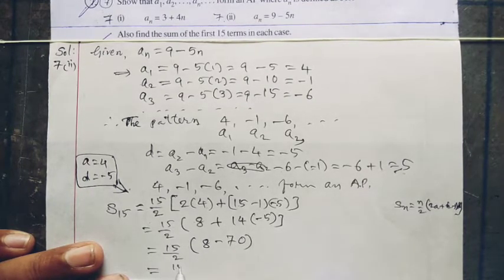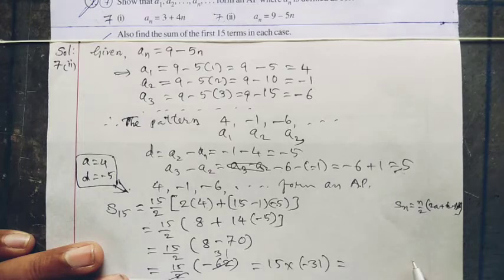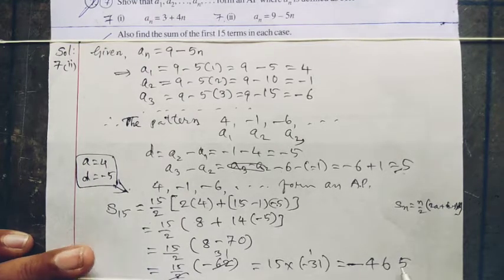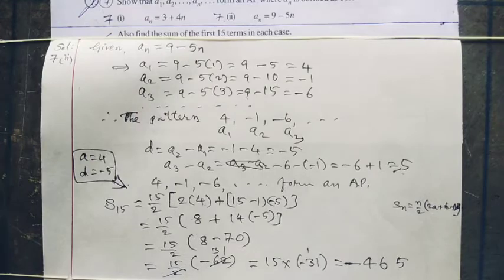That is equal to 15/2 × (-62). 15 × (-31). 15 ones are 15, we have to keep the minus. 15 threes are 45, plus 1 carry, 46. Minus 465. This is the answer.